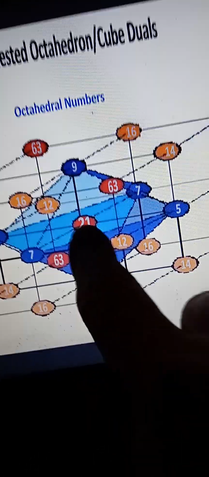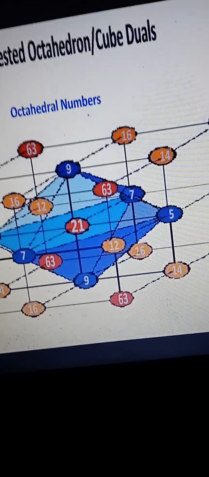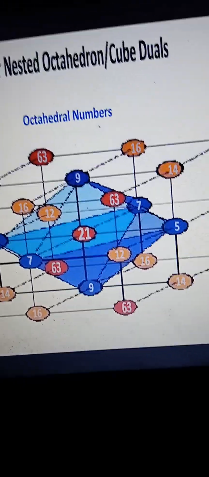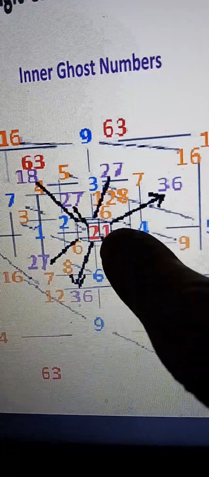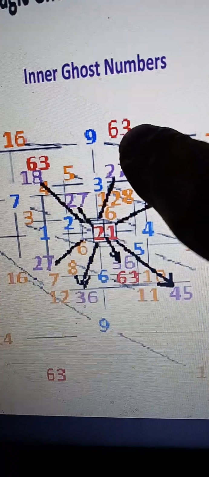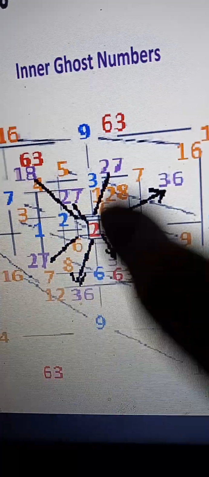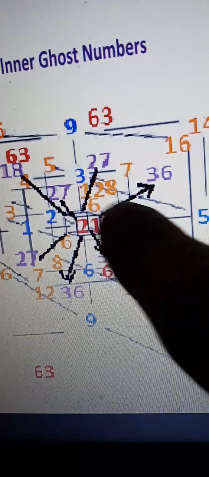And so it includes the central ghost number in this calculation, but in the normal inner ghost numbers, you can't include the central ghost number without raising the outer ghost numbers beyond 3 times the central ghost number.